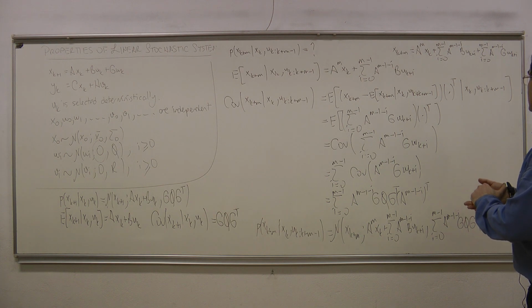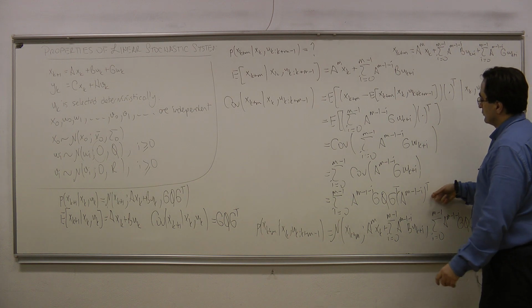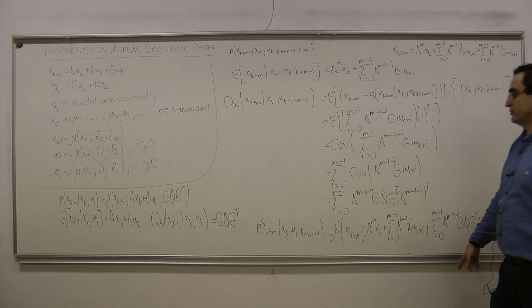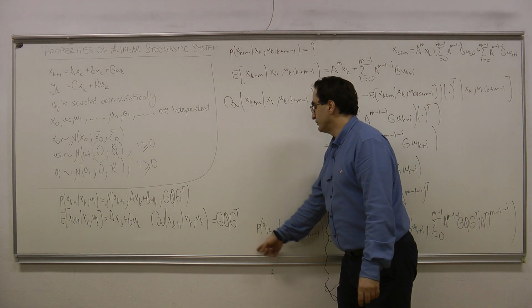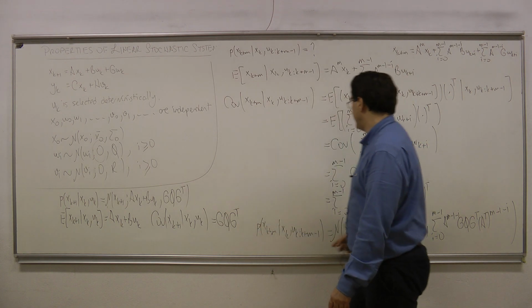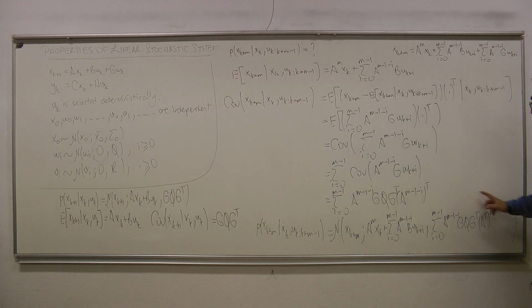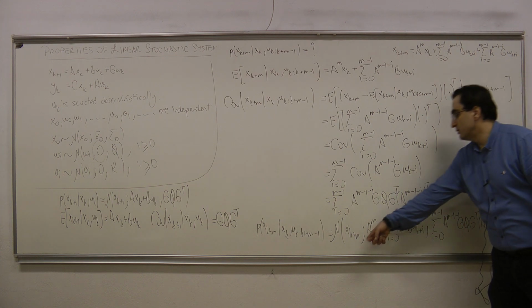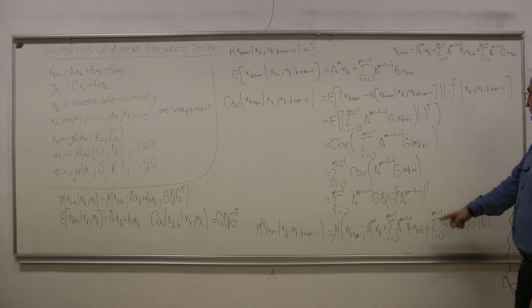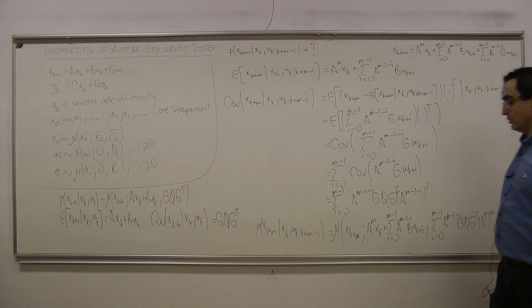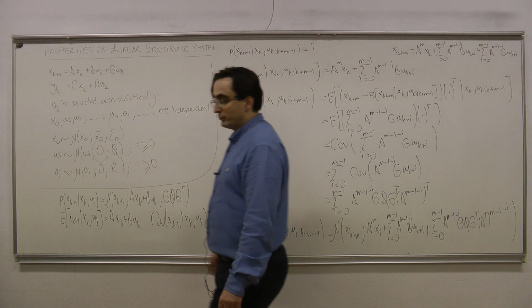Okay? So here, an interesting thing also is that the covariance of this transition distribution, the covariance of this m-step transition distribution, really does not depend on the input at all. Okay? Because the input was deterministic here, when I subtracted it from the variable itself, the covariance did not include any term related to the input.